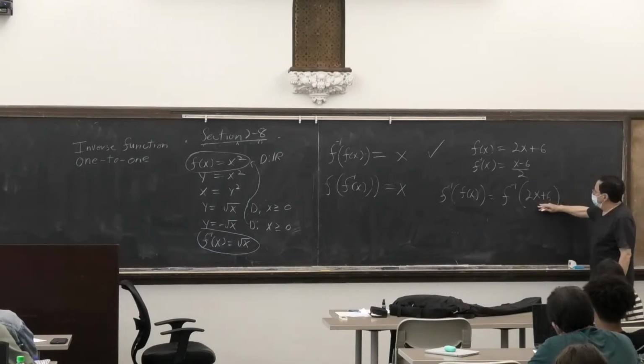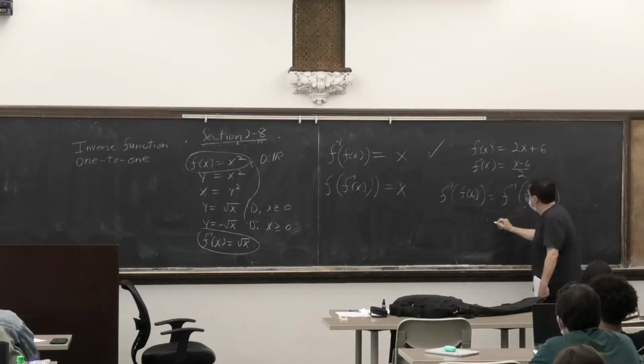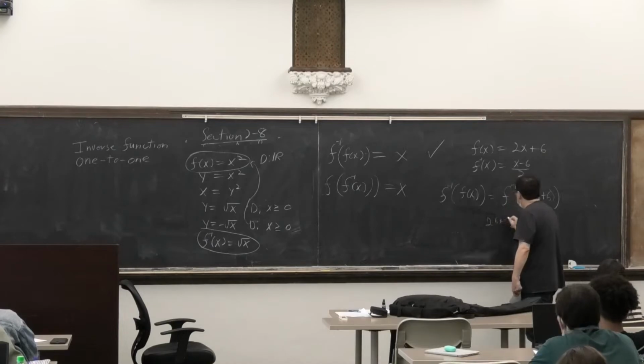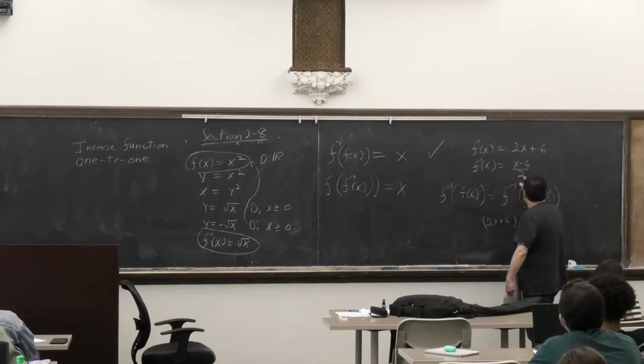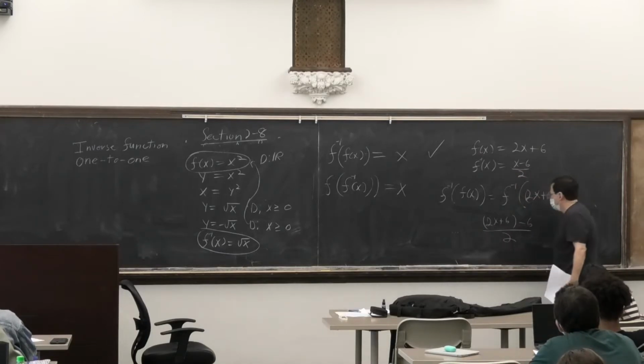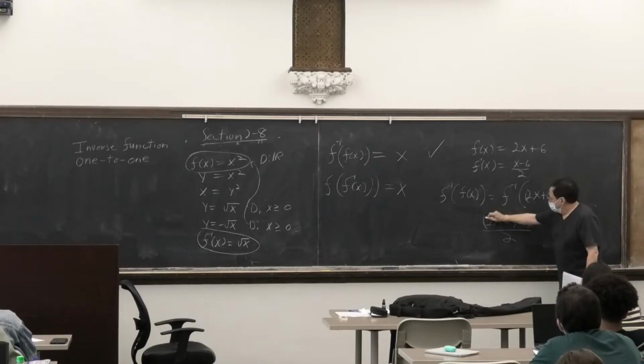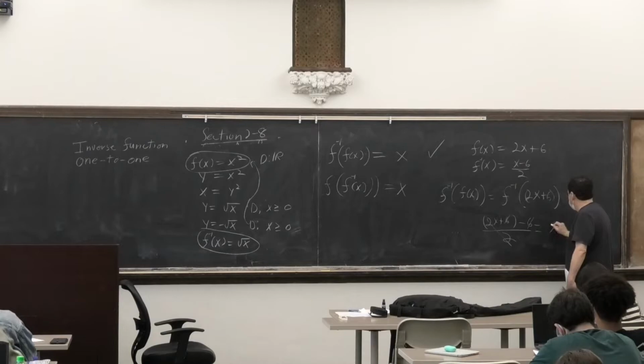So how do I evaluate this? Well, I plug 2x plus 6 into here: 2x plus 6 minus 6 over 2. You can see where this is going. The 6 is canceled, the 2 is canceled, and I just end up with x.